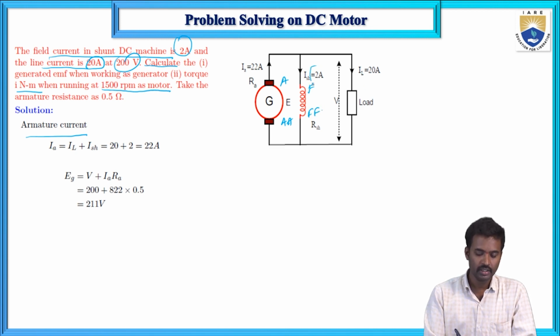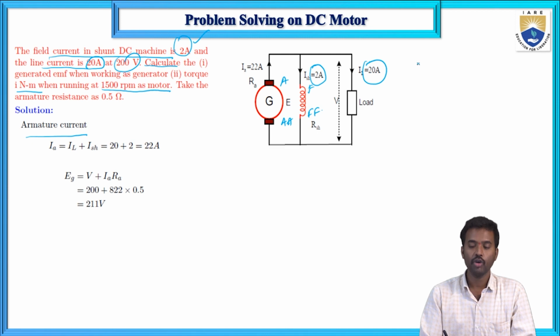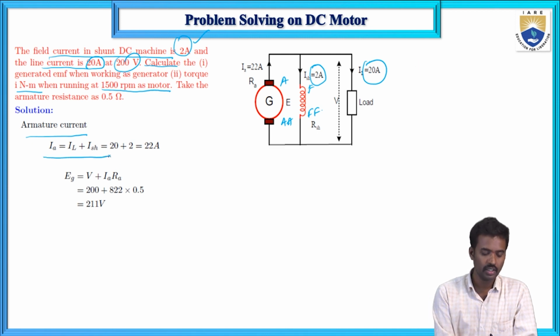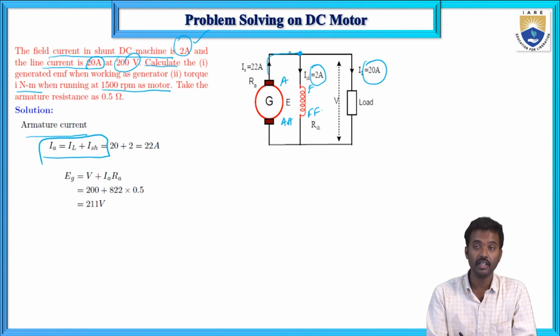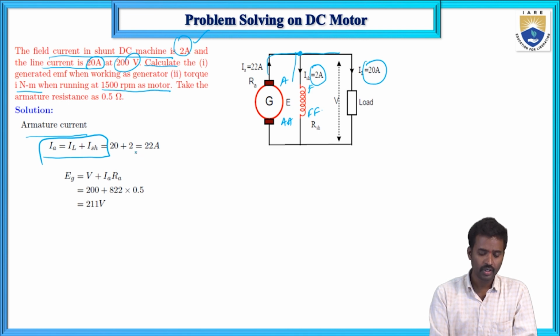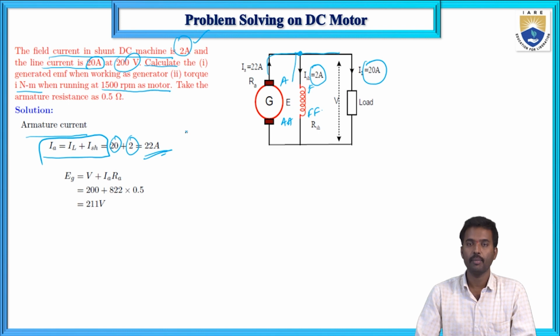This current is the shunt field current, 2 amperes, and this line current is 20 amperes. If you apply KCL at this node, IA equals IL plus ISH, that is, the sum of entering currents equals the sum of leaving currents. So here, that is 20 plus 2, which equals 22 amperes.